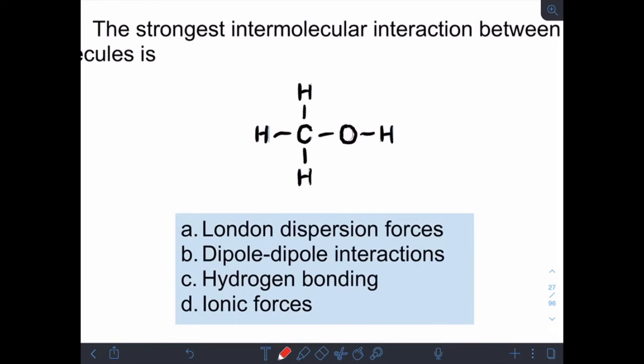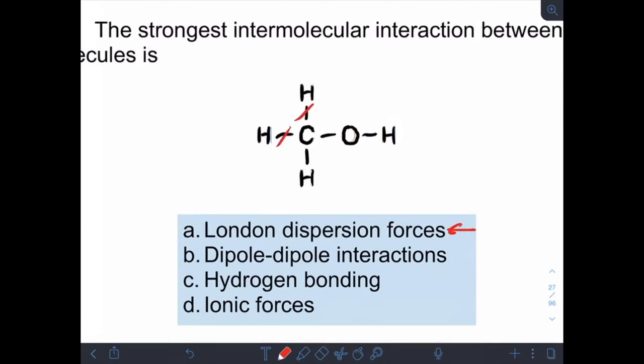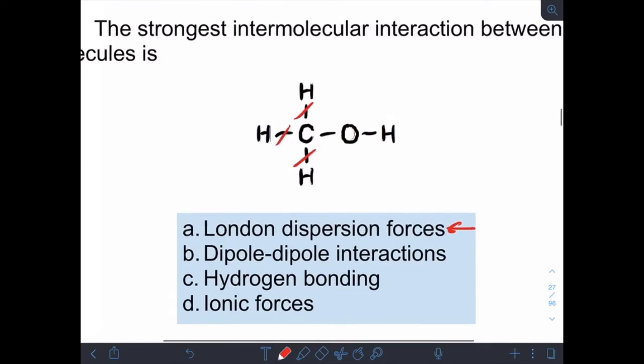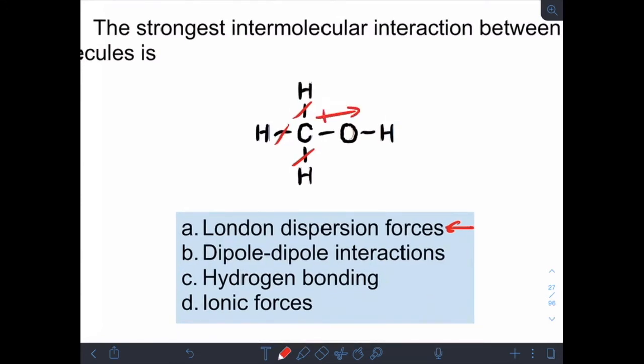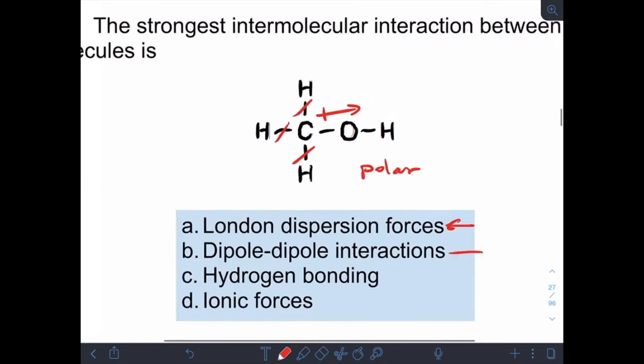So, dispersion forces, always an answer. Is it polar? That's question number 2. These carbon-hydrogen bonds are basically doing nothing. I do, however, have a pull with the oxygen. There's nothing canceling out that oxygen pull, so this is a polar molecule. So dipole-dipole interactions are possible.